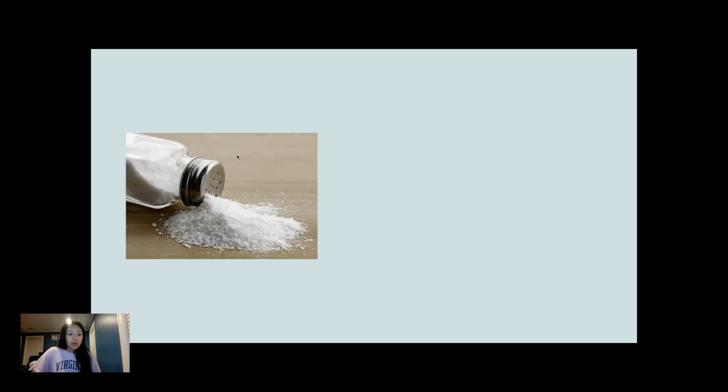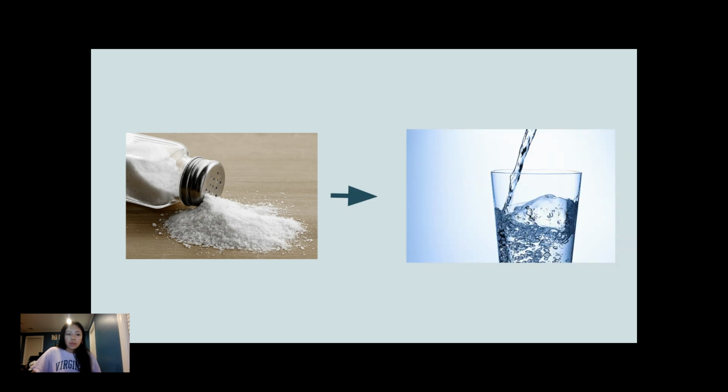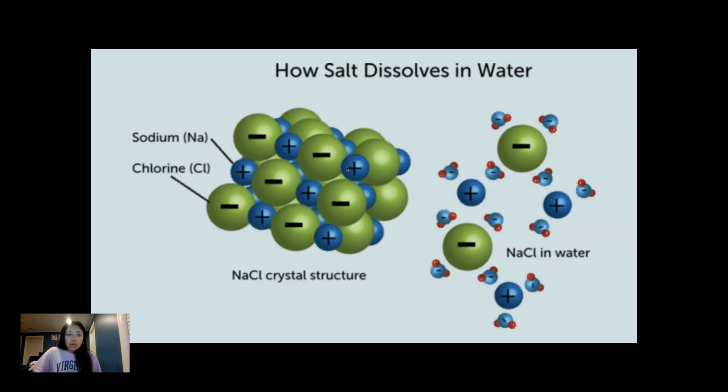Okay, so you can think of salt, and then you can think of water. And so this is what happens in a dissociation. The sodium and the chloride atoms in sodium chloride will interact with the oxygen and the hydrogen molecules in water. We know that the oxygen has a partial negative charge and the hydrogens have a partial positive charge.